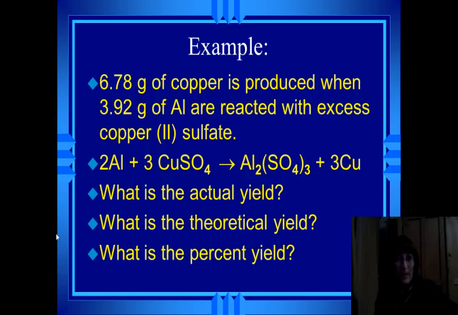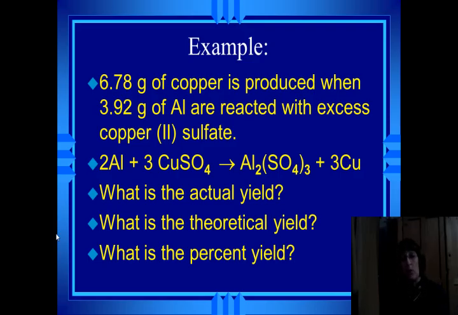Usually in the problem, they'll tell you, hey, that 6.78 grams, that's what we actually got in the lab. So they'll indicate this is what happened in the lab. Usually the actual yield is just given to you in the problem. For the theoretical yield, you have to take that 3.92 grams of aluminum, because that's the one that's going to limit it, because the other one has excess, you've got tons of it.